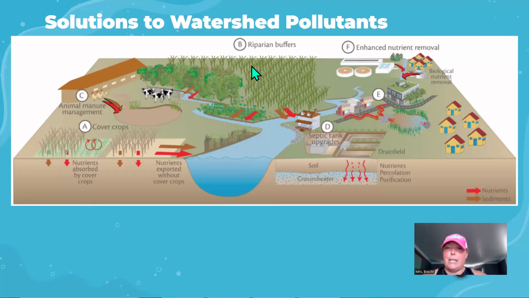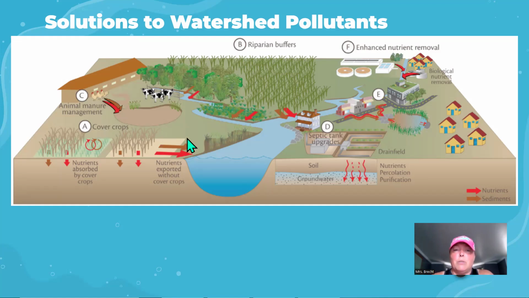A riparian buffer is just a strip of wooded or planted area that has plant life that's going to help hold the soil in place as the water may possibly run off. So it can include trees and bushes and things like that. Usually you see trees because they have hardier roots.